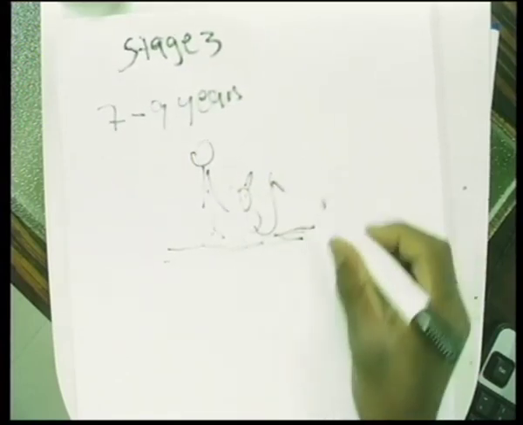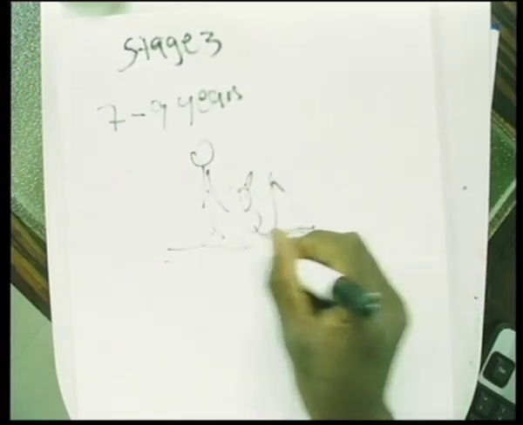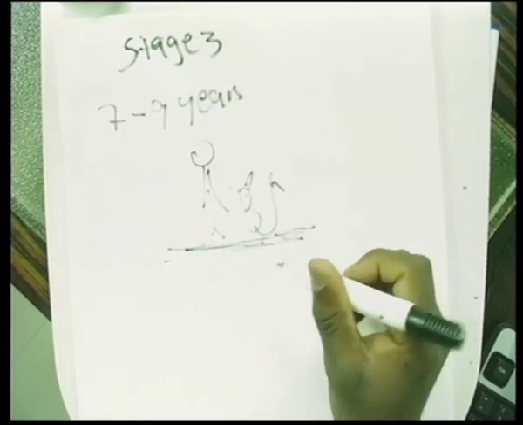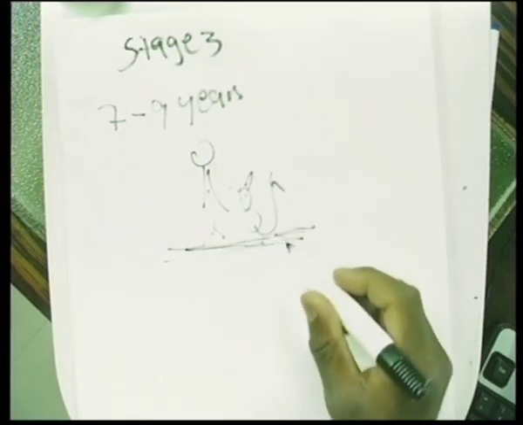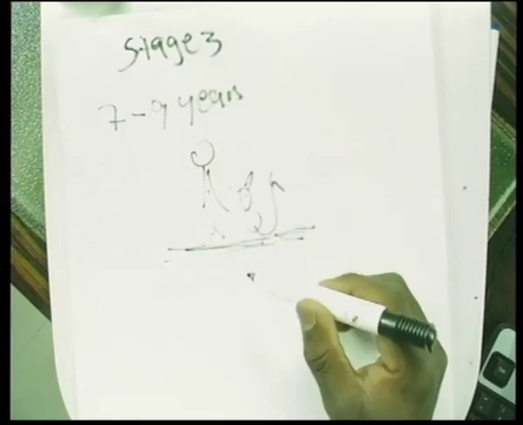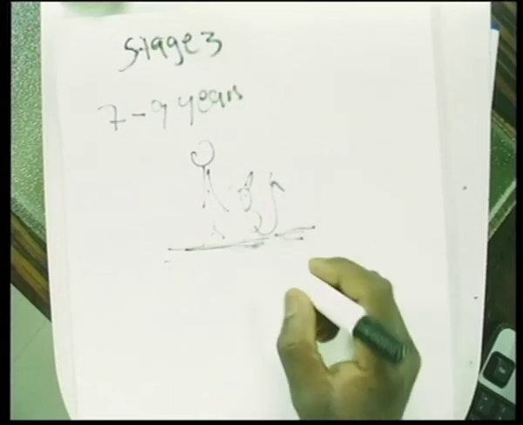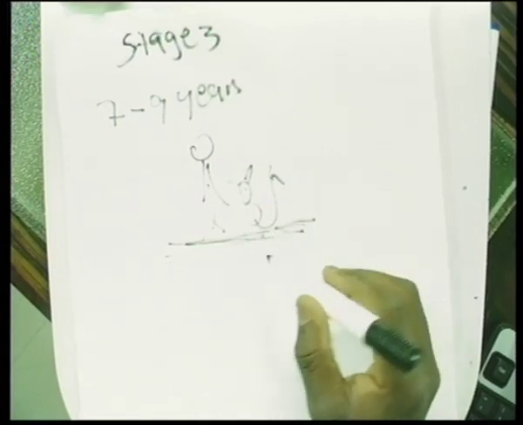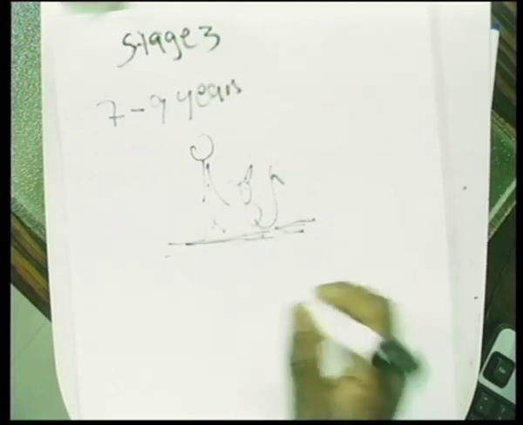There is a surface. They are not in the air anymore. That means the learner is growing and improving, graduating from stage to stage.